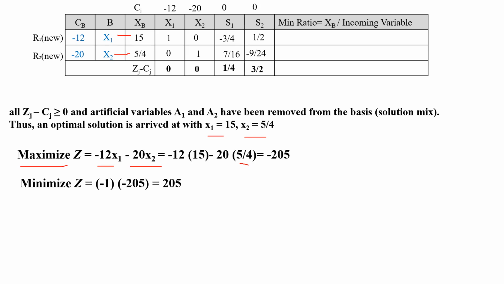But our original objective is to minimize Z, so we convert it by multiplication with minus 1. Then the solution is minimize Z equals minus 1 into minus 205, which is 205. So the optimal solution is 205. Thank you.